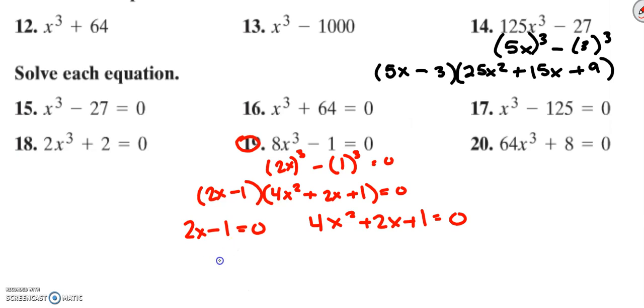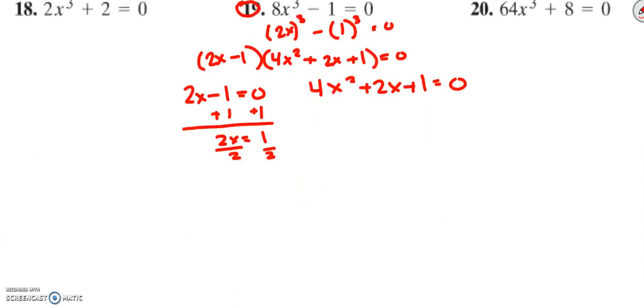This first one is easy because we are just solving it for x. So we're going to add 1 to both sides. So then 2x equals 1, and then divide both sides by 2. So then x equals 1/2.